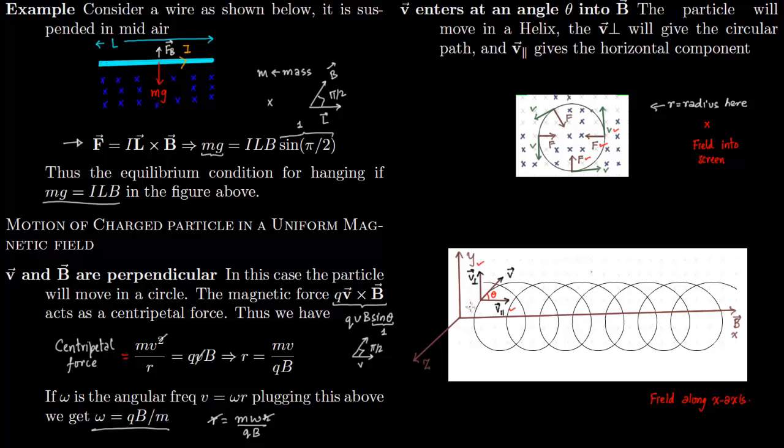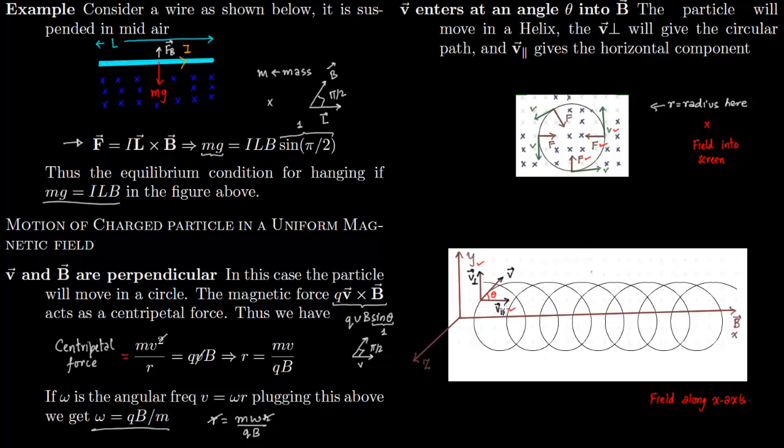We talk about perpendicular and parallel with reference to the magnetic field. For the sake of simplicity, we have put the magnetic field as the x-axis. The component perpendicular to the magnetic field gives it a circular motion, just like in case 1.